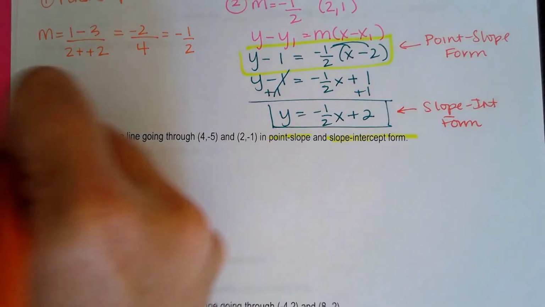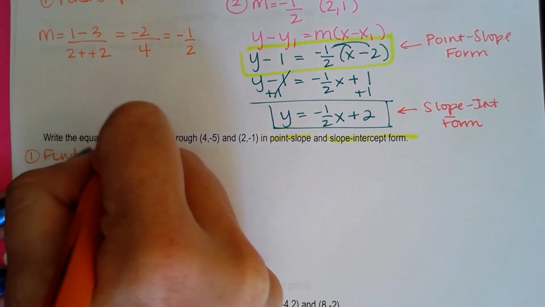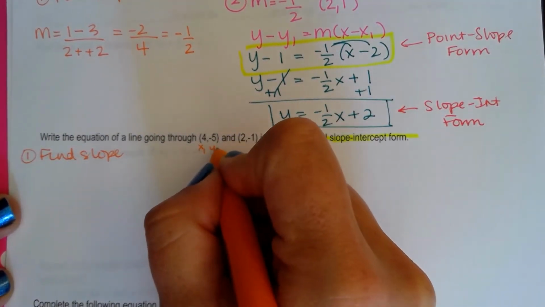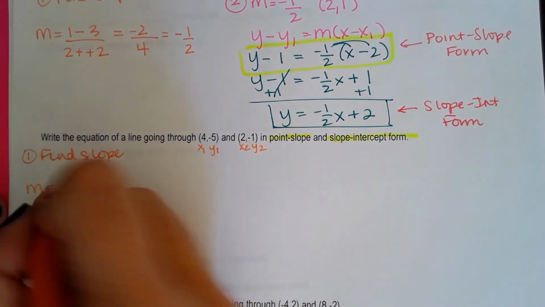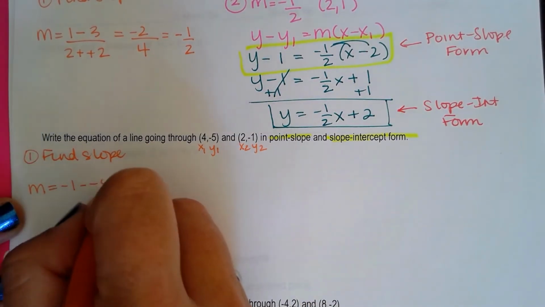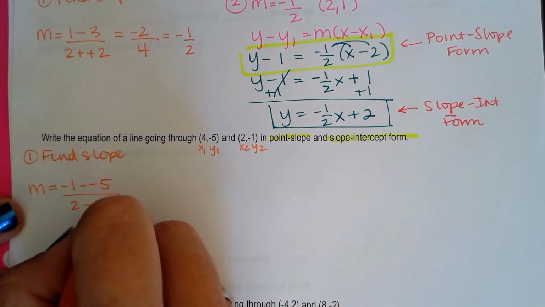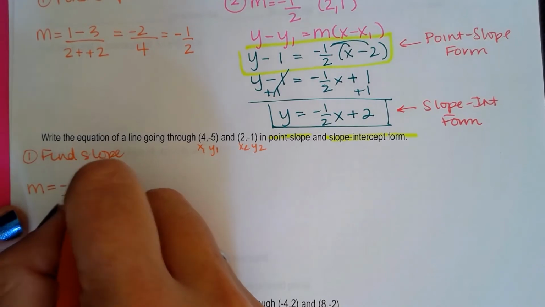Okay, so we know the first thing that we need to do is find the slope. So I'm going to write x1, y1, x2, y2. So y2 minus y1 over x2 minus x1. -1 minus -5.